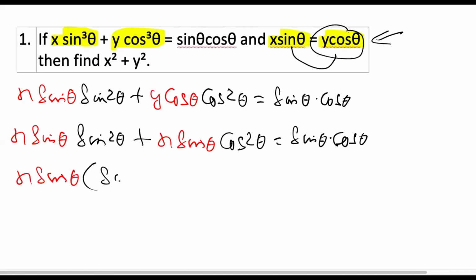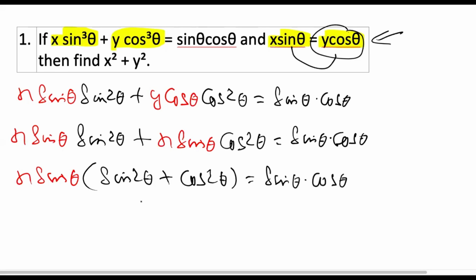What we'll get inside is sin square theta plus cos square theta, which is equal to sin theta multiplied by cos theta. Now you know that sin square theta plus cos square theta is 1, and 1 multiplied by x sin theta will be x sin theta only.